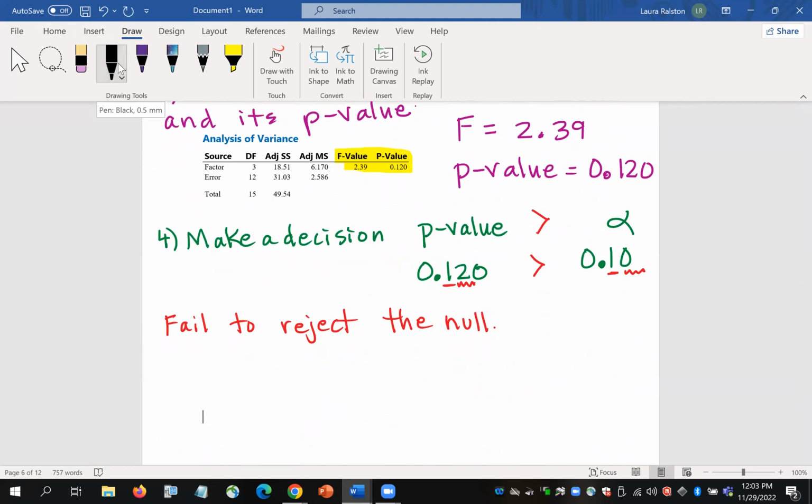So our last step, as always, is to write the conclusion.